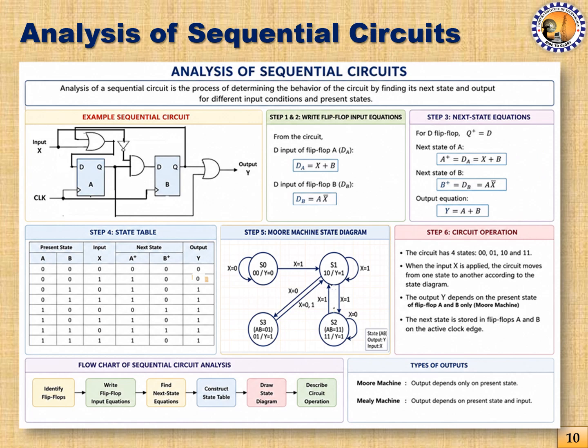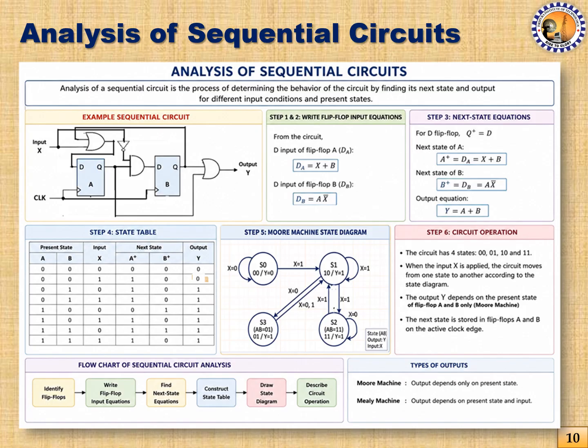Next, we are going to discuss how to draw the state machine diagram for this Moore state machine. From the diagram itself, we can see the output logic, where we have an OR gate.